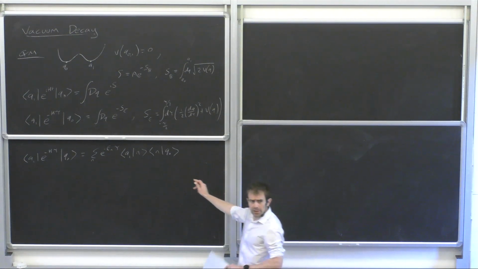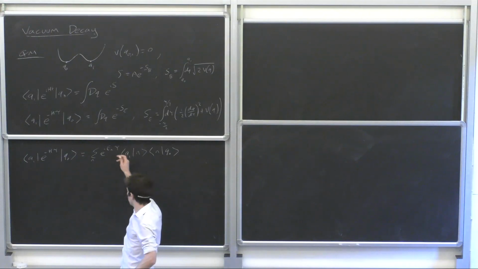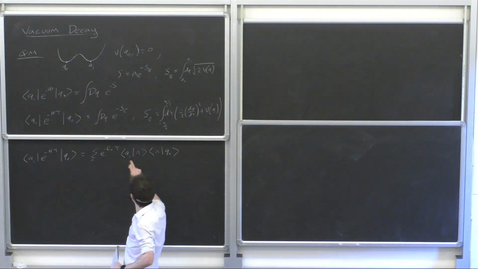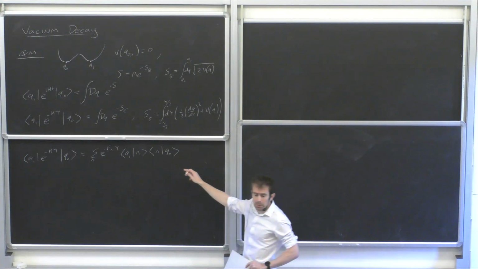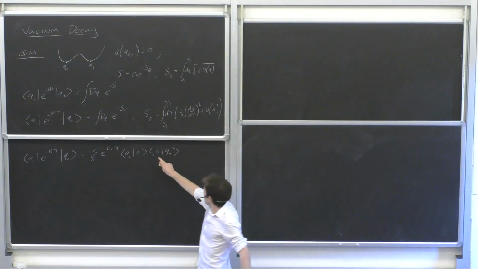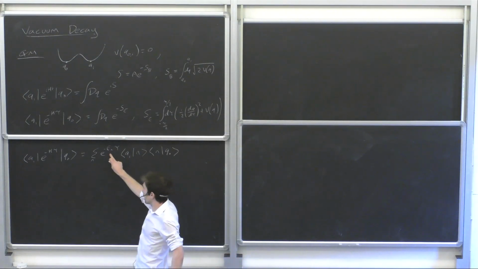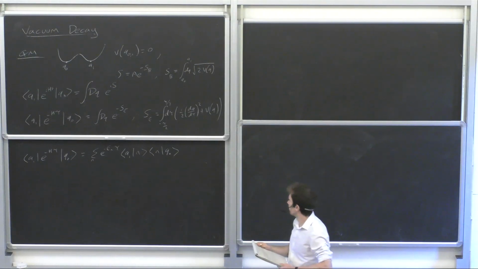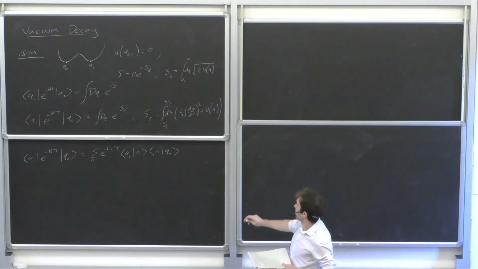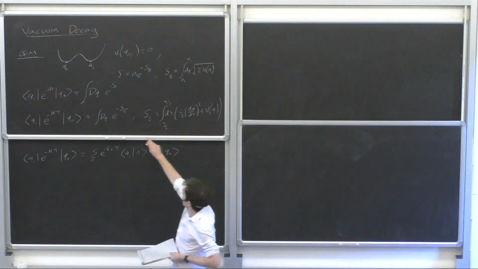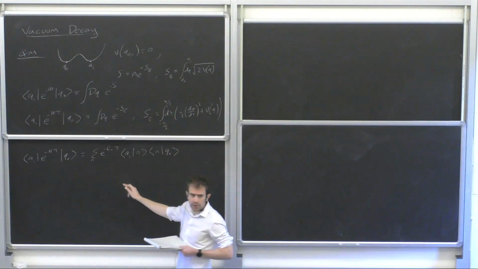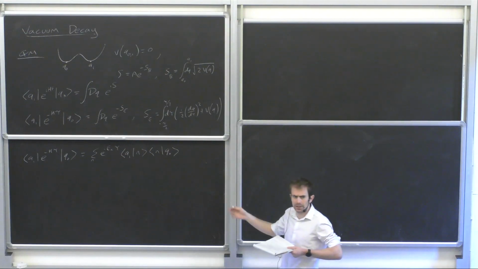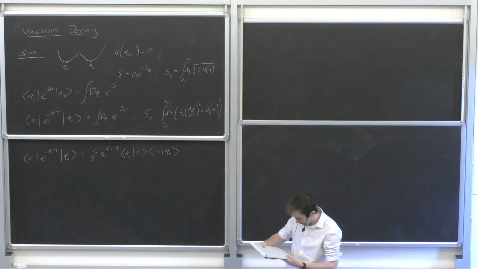In this way, you can see that in the large Euclidean time limit, the right-hand side is going to be dominated by the value of n that has the smallest energy while still having some non-trivial overlap with the two vacua. And so if we can evaluate this Euclidean path integral, we can also get some information about the energies of these vacuum states.